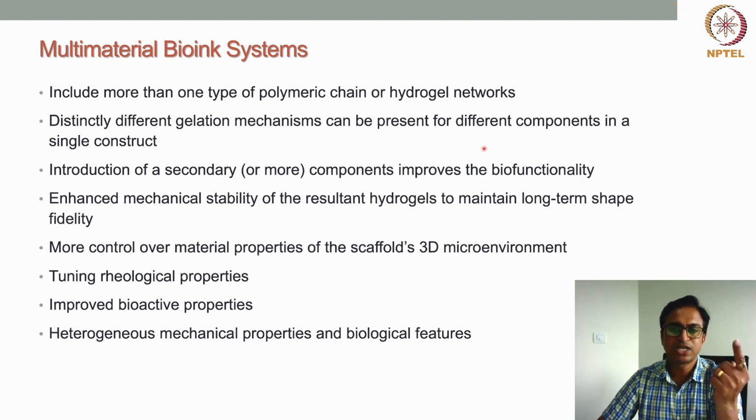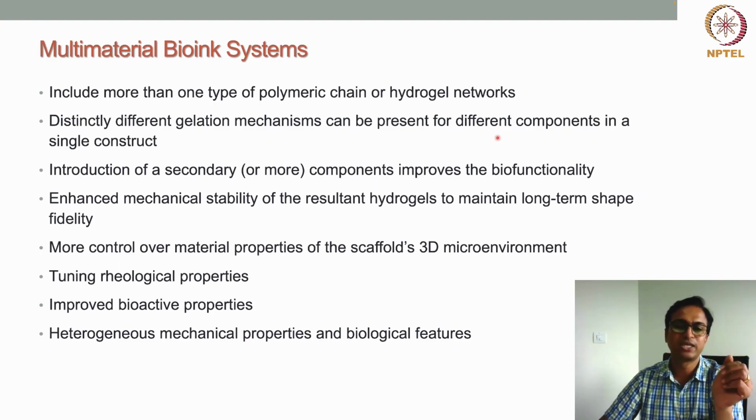Then each of these hydrogel networks can be solidified or gelated with one type of mechanism, and the other one can be used on them. Suppose these two hydrogel networks don't interact with each other, they are just physically blended together, then we can work on those two distinctly different gelation mechanisms for a single construct.